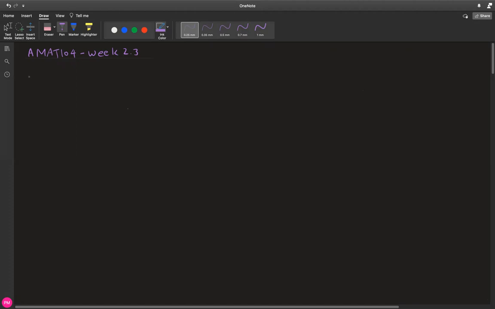So last class we talked about the exponential growth model and the geometric series. So let's recap a little bit. We also learned about the geometric series.